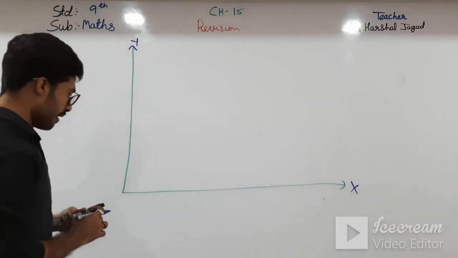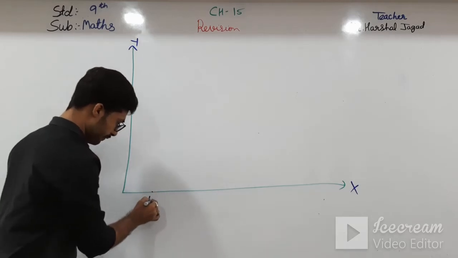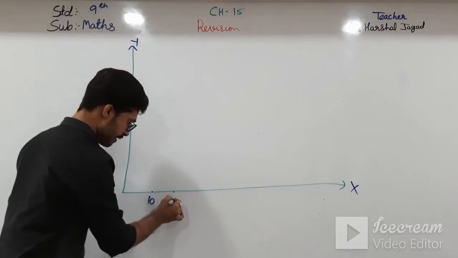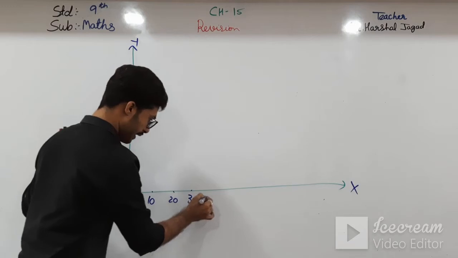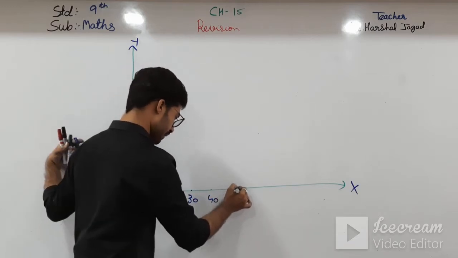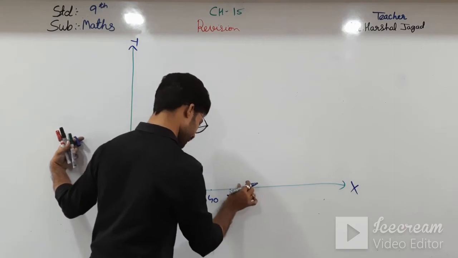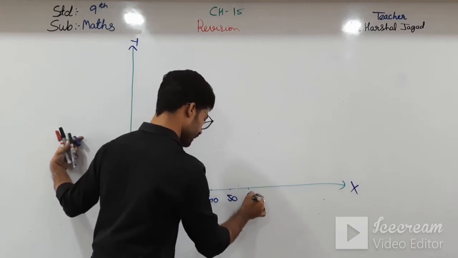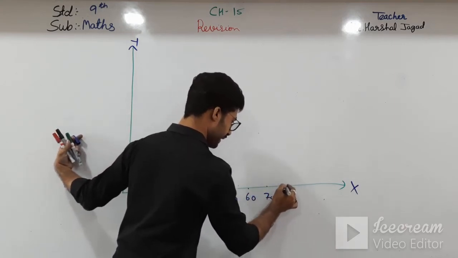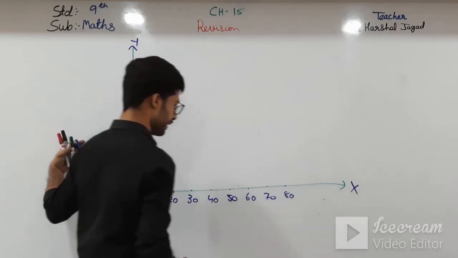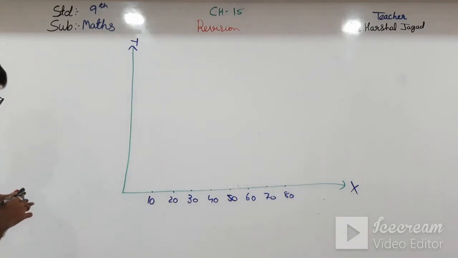Here, if I write 10, 20, 30, 40, sorry, it is far away, 50, 60, 70, 80.